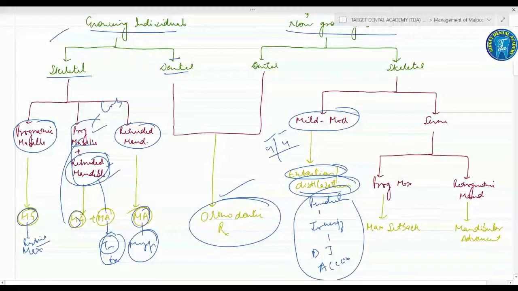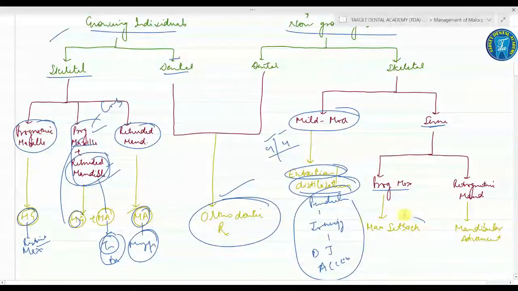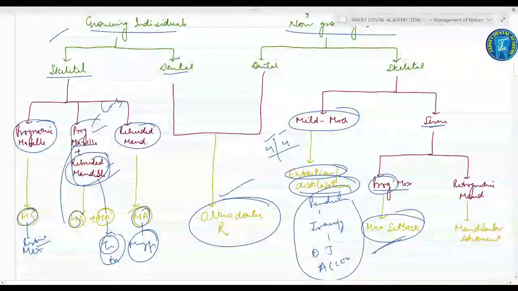So this is about the mild to moderate cases. When your class 2 malocclusion is severe and skeletally it is due to a more prognathic maxilla, in that case you will go for surgery, that is, you will perform a maxillary setback. Why? Because there is prognathism in the maxilla, you want to set back the maxilla.